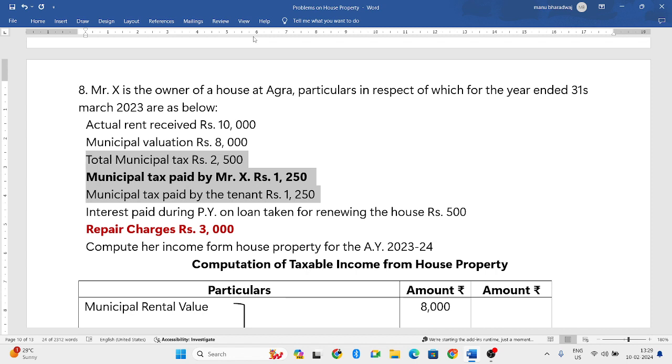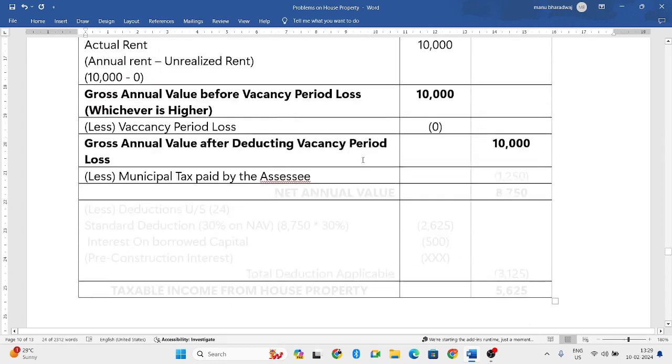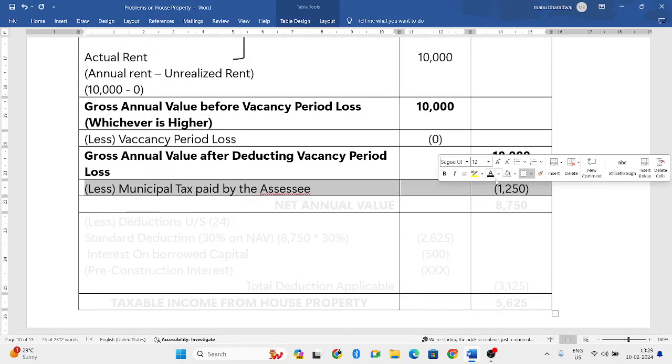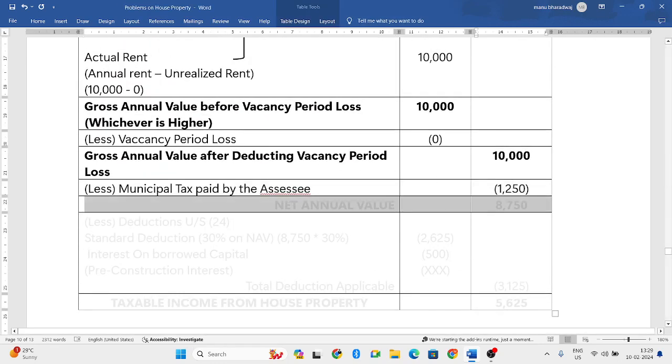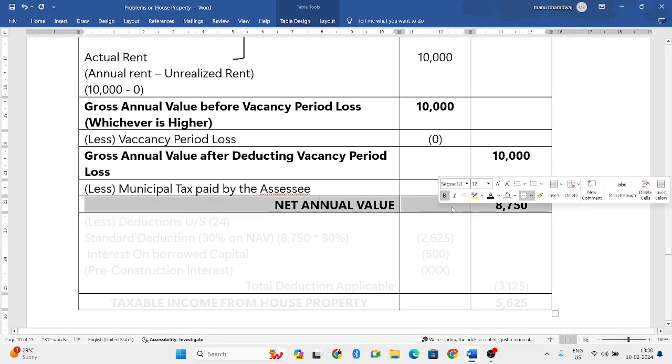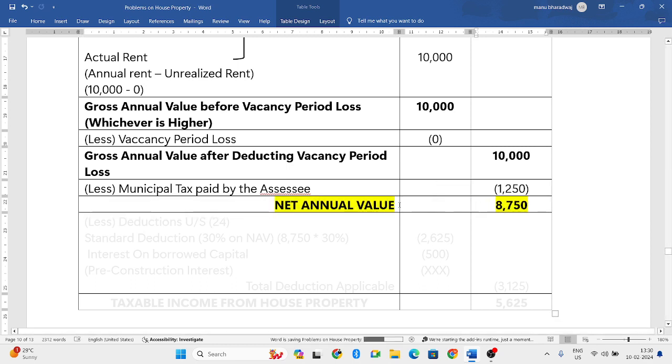We will be considering only the municipal tax paid by the assessee. So Mr. X has paid 1,250. Only that one we will be considering. So 1,250 we will be subtracting from 10,000. The remaining amount is the net annual value.